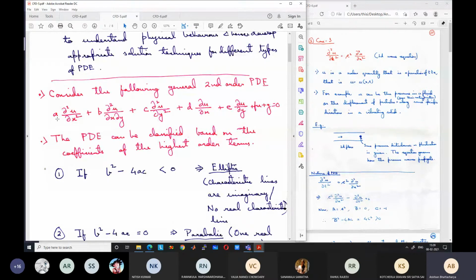In a domain, there may be lines where these second order derivatives are not continuous, or if we try to solve for these second order derivatives, they don't exist, or an infinite number of solutions exist for them. So basically, you can just consider that there are lines where the highest order terms, the second order terms, are not continuous.